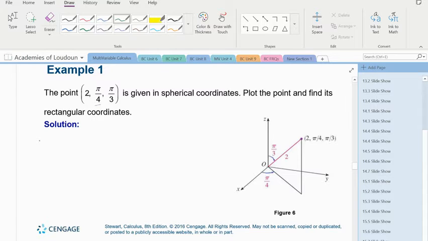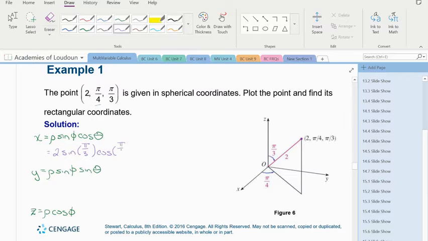We have the equations x is equal to rho sine phi cosine theta, y is equal to rho sine phi sine theta, and z is equal to rho cosine phi. Simplifying, for x we have 2 times the sine of pi over 3 times the cosine of pi over 4, which gives us the square root of 3 over 2.